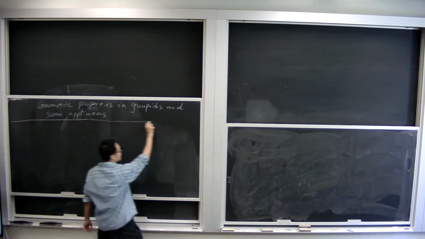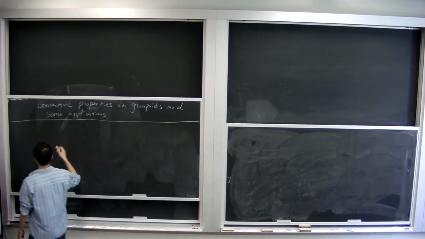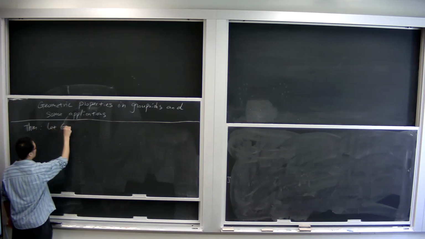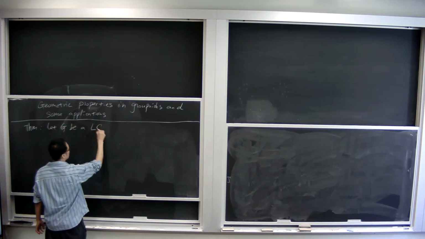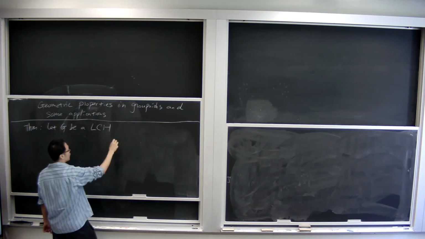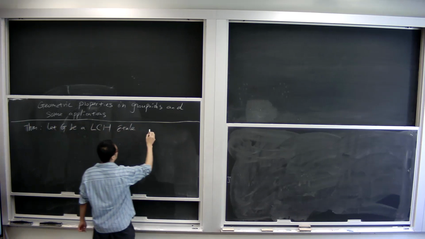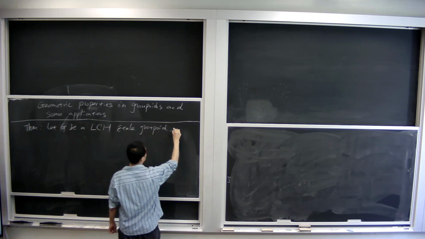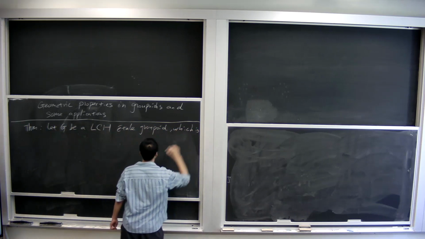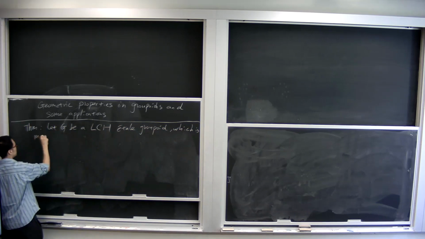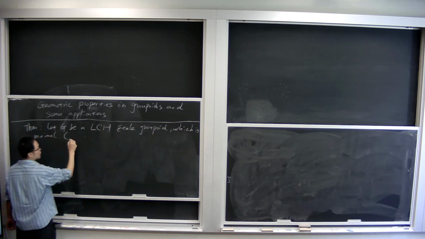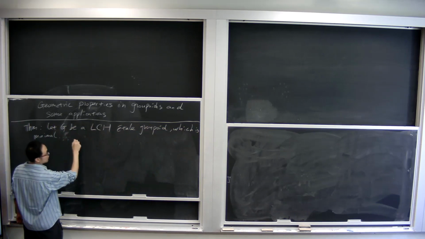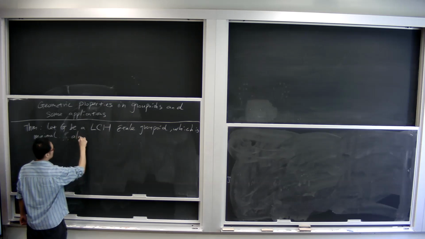So this time we have given such a theorem, right? Let G be a locally compact Hausdorff étale groupoid, with a minimal setting, almost elementary.